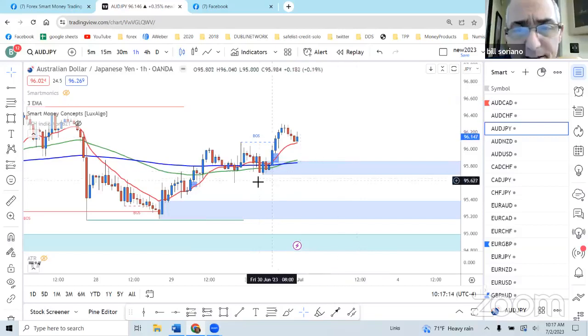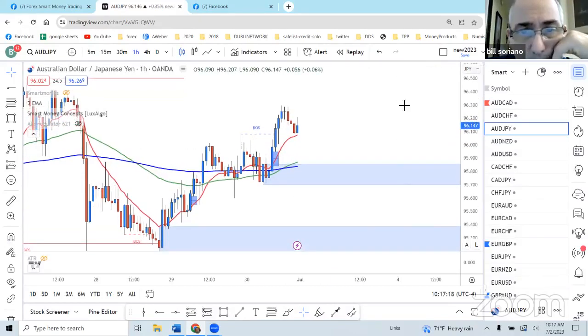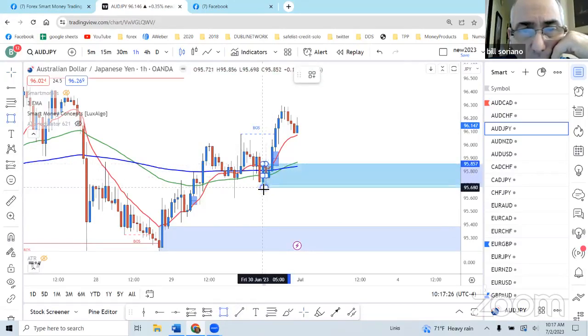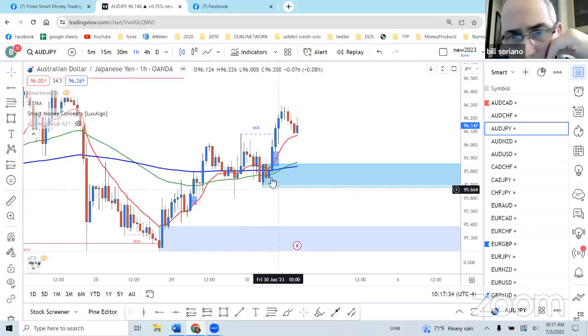I don't really have a nice engulfing candle here, but this up move here, that's nice engulfing.